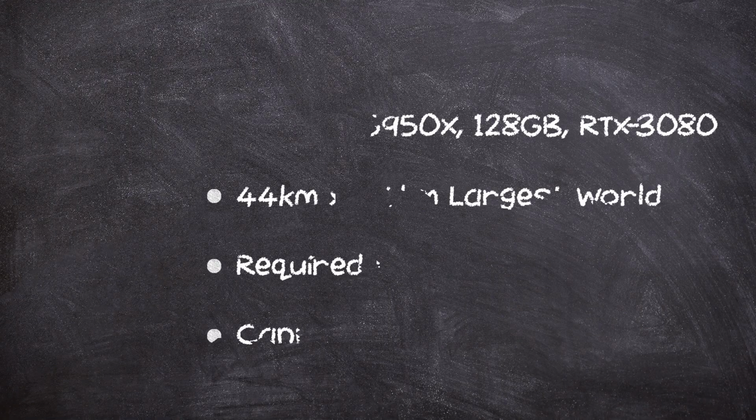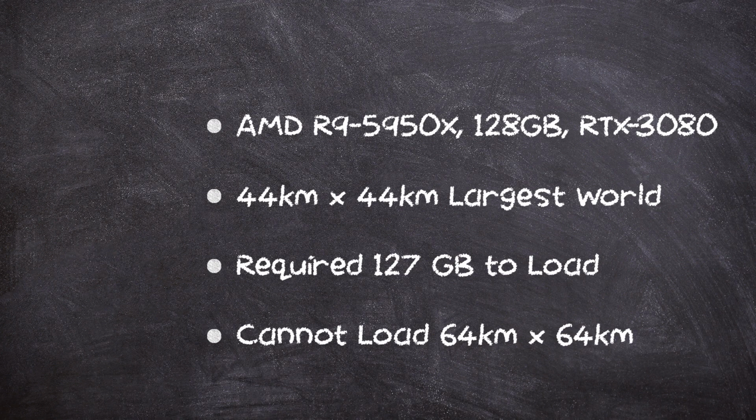My computer system with AMD R9 5950X only has 128 gigs of memory, so I do not have a system with sufficient memory to be able to load and test a 64 kilometer by 64 kilometer world. The largest that I have successfully loaded was a 44 kilometer by 44 kilometer world, and that required 127 gigabytes of memory to manage the levels.